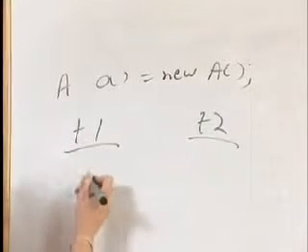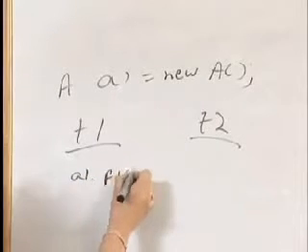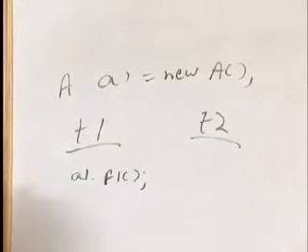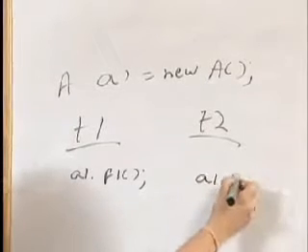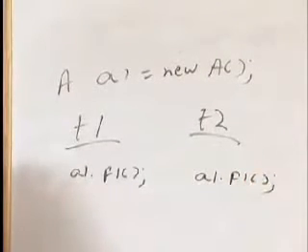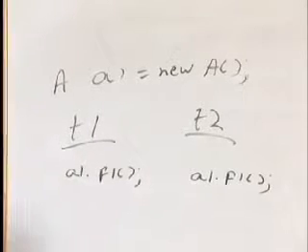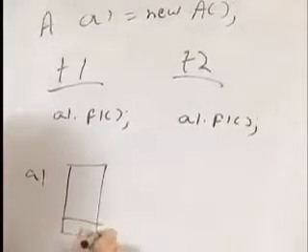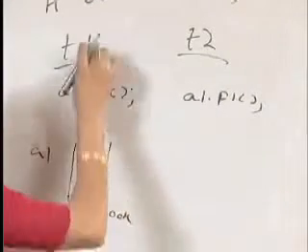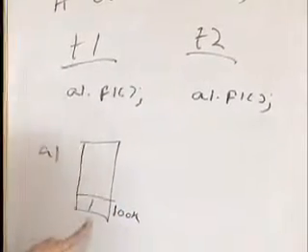So let's assume that T1 calls method F1 and T2 calls method F1 as well. By now we know that if T1 is calling method F1 using object A1, let's assume T1 calls F1 first, so it has placed a lock here.